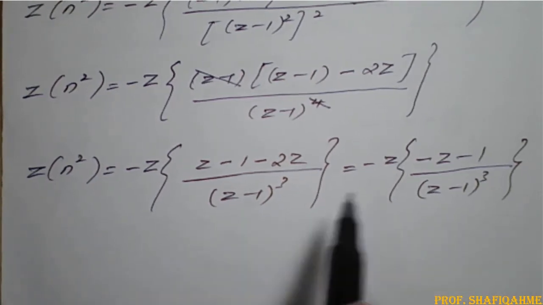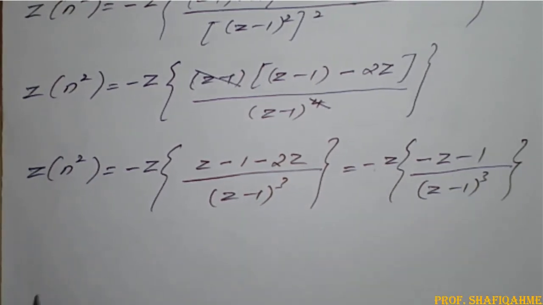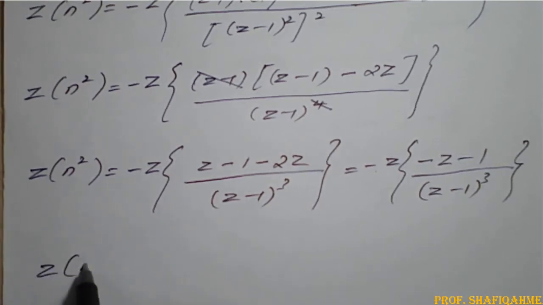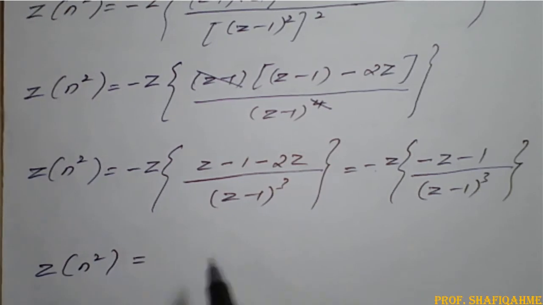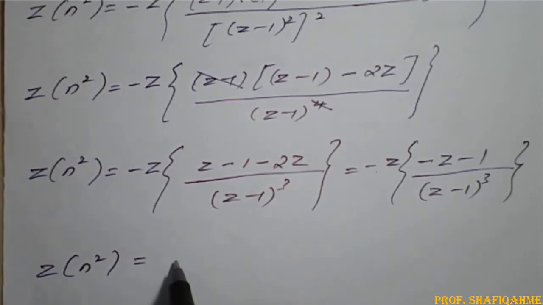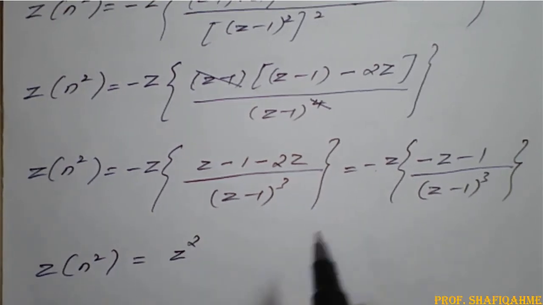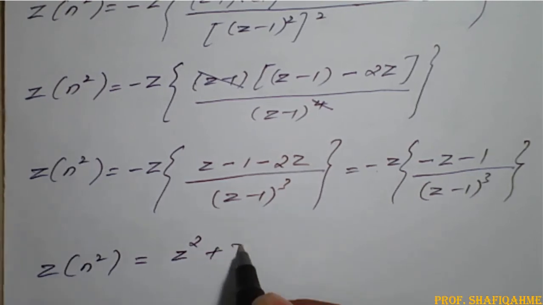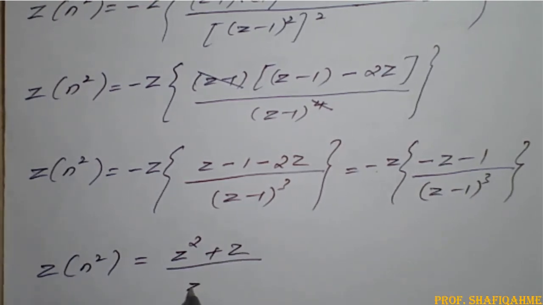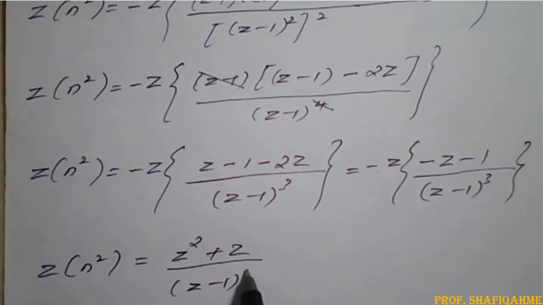So therefore if you multiply this minus z inside, it will become what here? Z transform of n square will be minus z into this minus z, it will become plus z square plus z divided by z minus 1 whole cube.